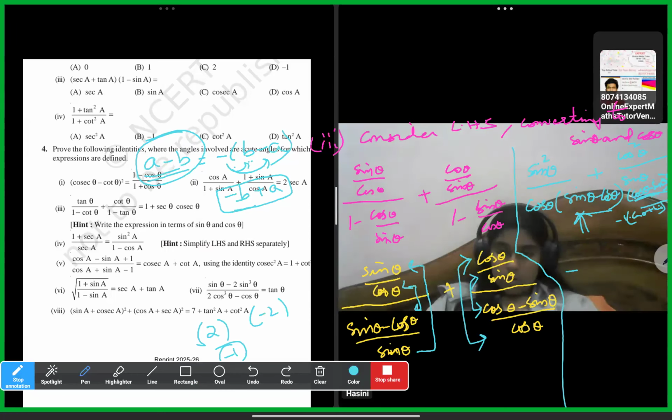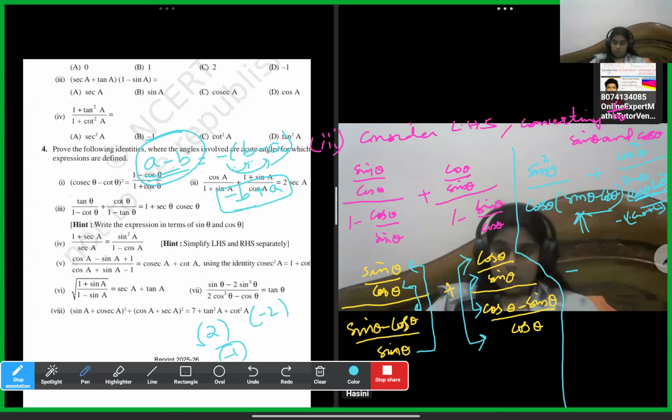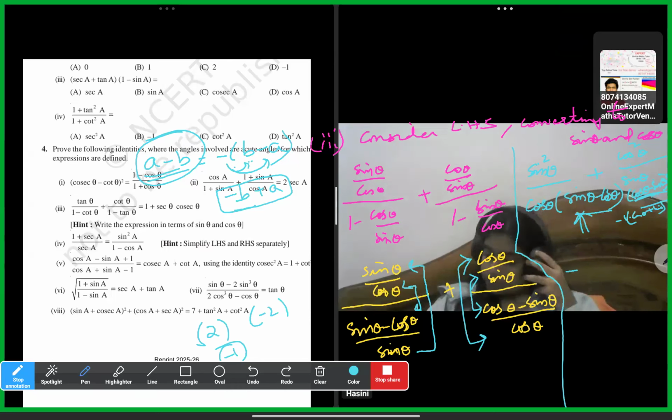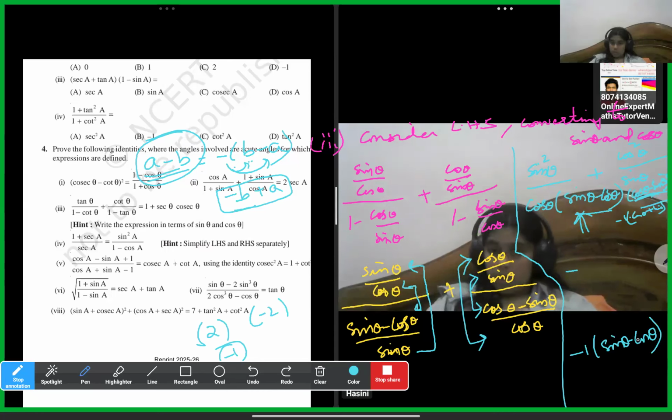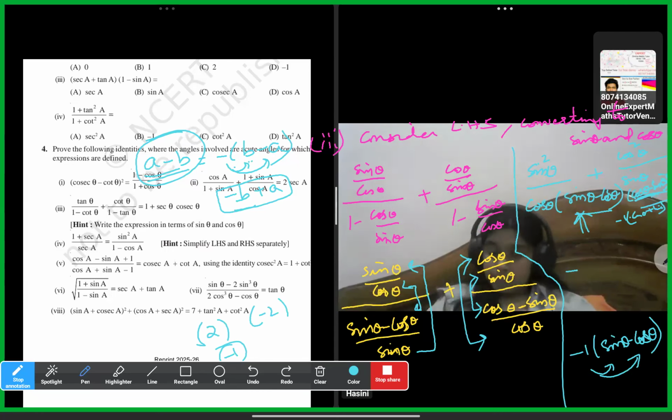But since we require it here, minus 1 is a common factor for everything. Since I want to make it look like sin theta minus cos theta, I'm writing it as minus 1 into sin theta minus cos theta. Once multiplied with minus 1, we'll get back the original; we didn't change anything.